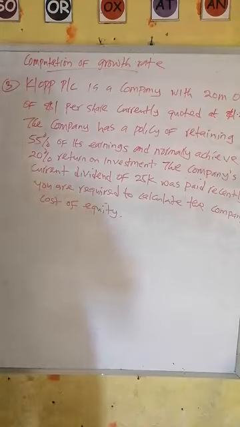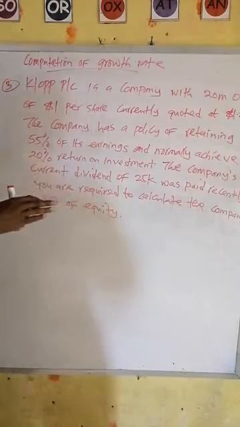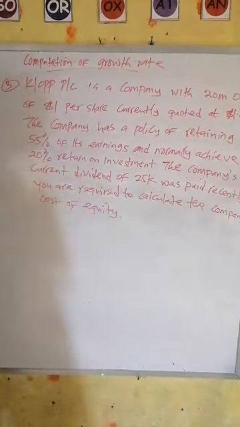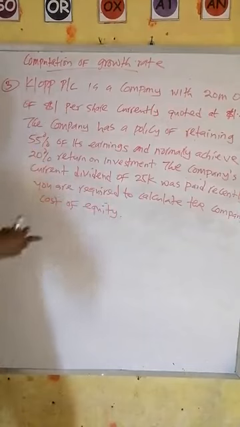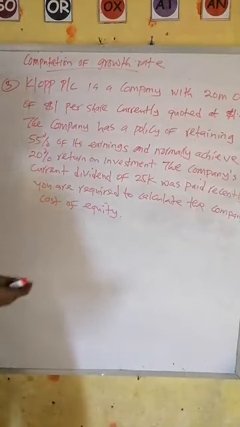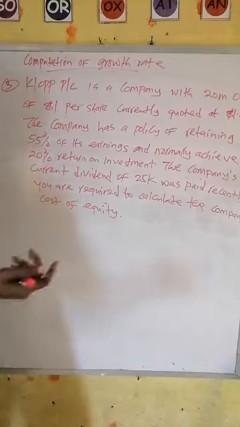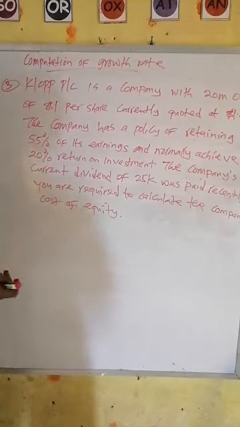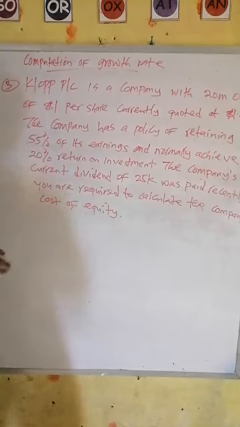The requirement is to compute the company's cost of equity. The basic question we need to ask ourselves: which of the formulas that we know are we going to use to compute our cost of equity?